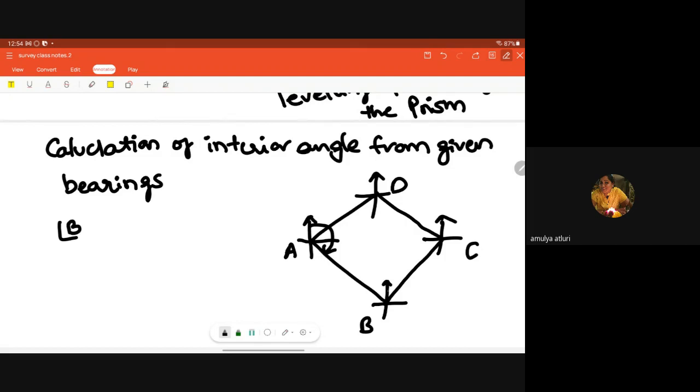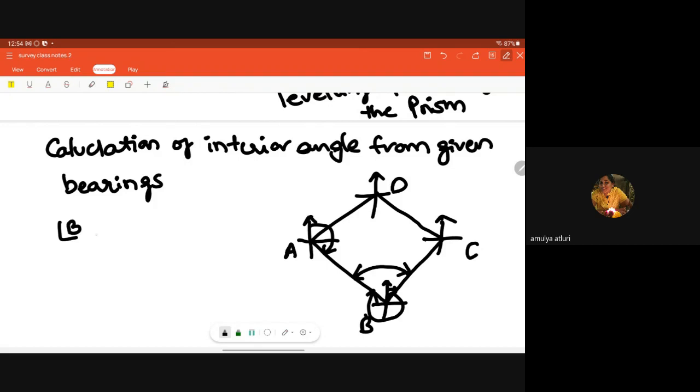So this is your true bearing, and this is your internal angle, angle B, and this is the back bearing of AB, right?